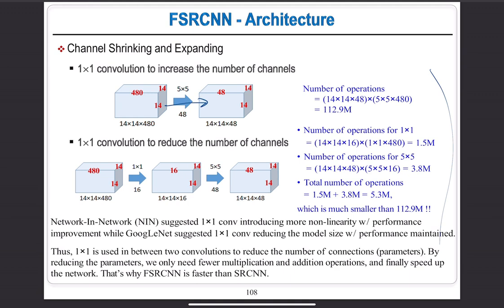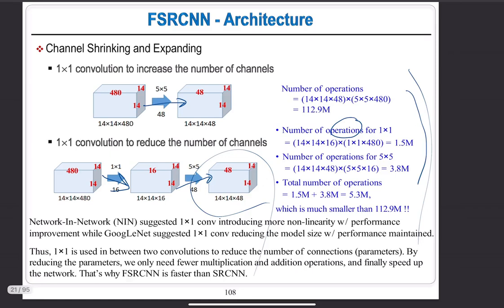Shrinking the number of channels and then expanding it to the expected output feature maps can significantly reduce the number of parameters and the number of operations. And these are all of the components of FSRCNN.